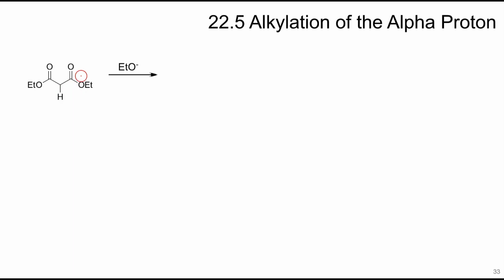We can also do that with a diester where there's a hydrogen or alpha proton in between there. This will grab this proton and get a negative charge here. We can then add RX.